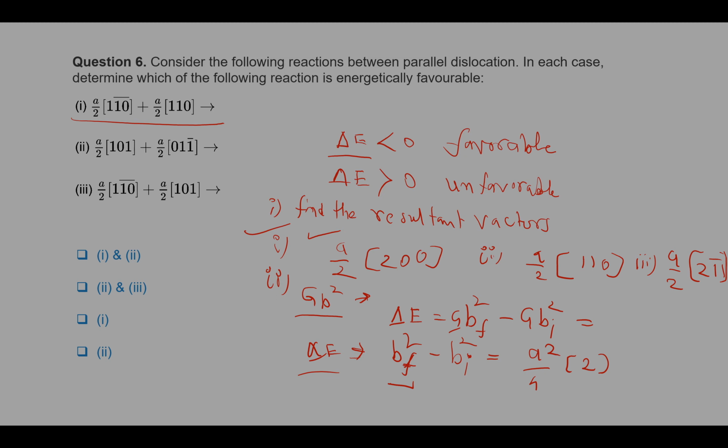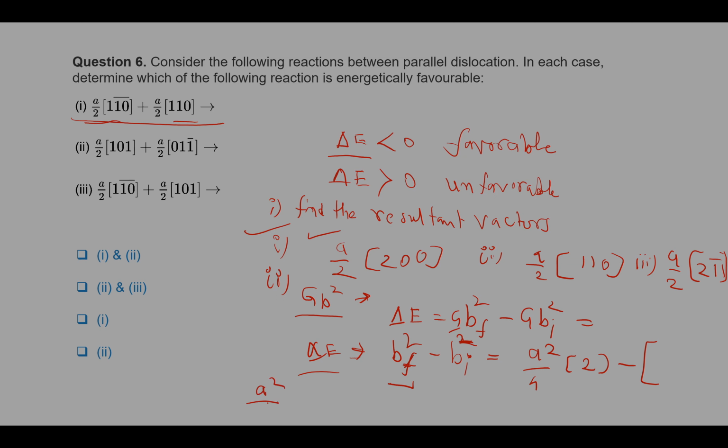Then minus, these two values we have to subtract from this.